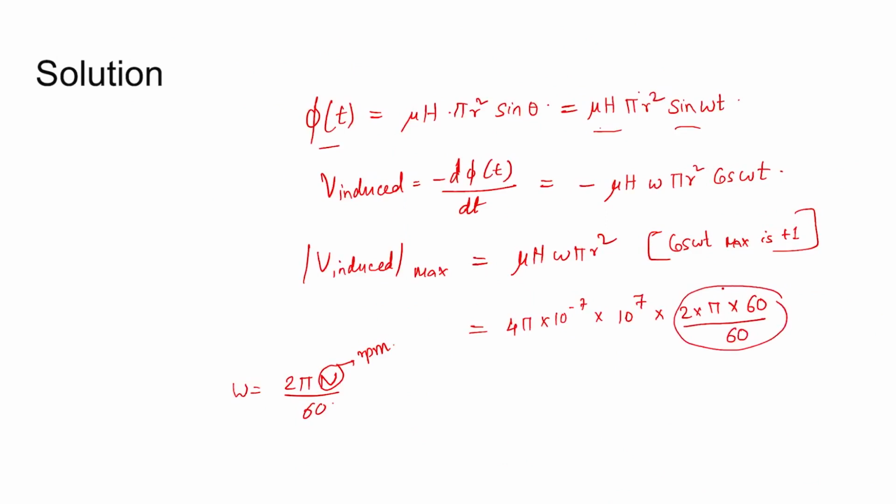So omega value is found out. Multiplied by pi into r value, which is 1 meter given, so 1 square. Now 10 to the power minus 7 and 10 to the power 7 get cancelled, and 60 and 60 get cancelled. So it is 8 pi cube.